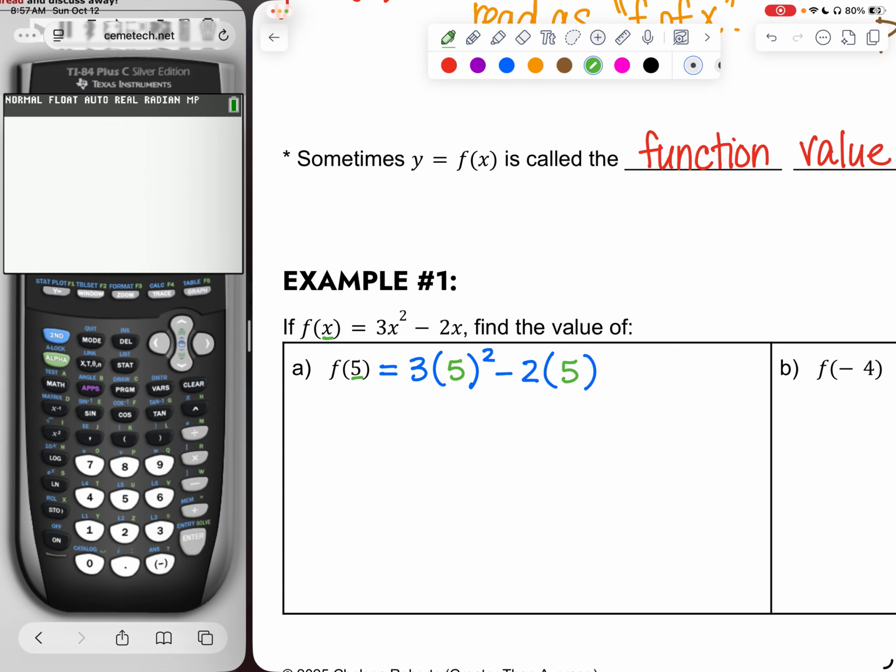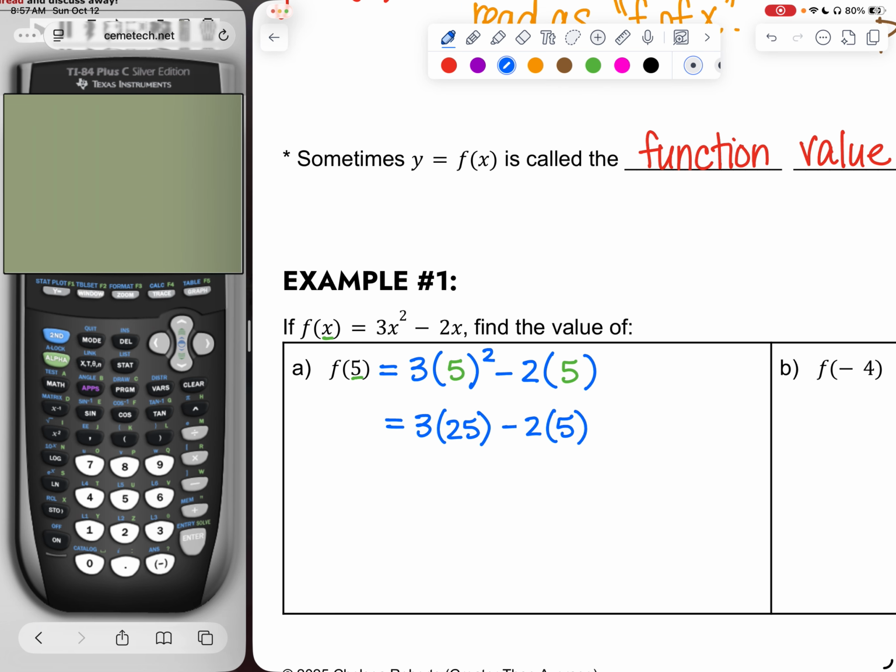Okay, so I know that 5 squared is 25. So that's going to be 3 times 25. No, you cannot do 3 times 5 first. You have to handle the exponents first. And this is going to be minus 2 times 5. So 3 times 25 is 75. 2 times 5 is 10. So I have to subtract 10, which will end up giving me 65.